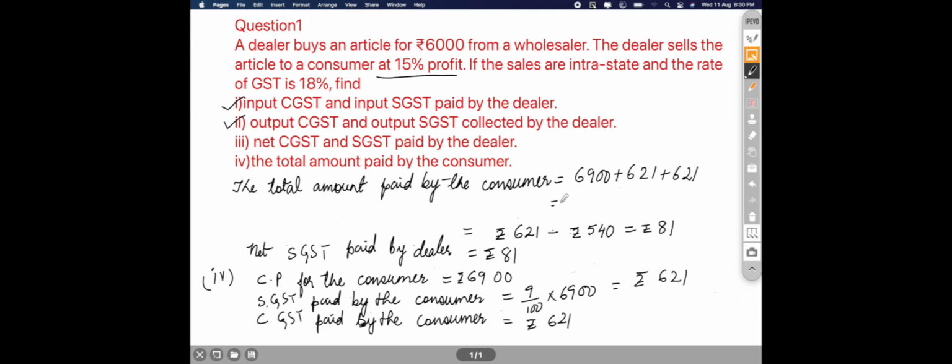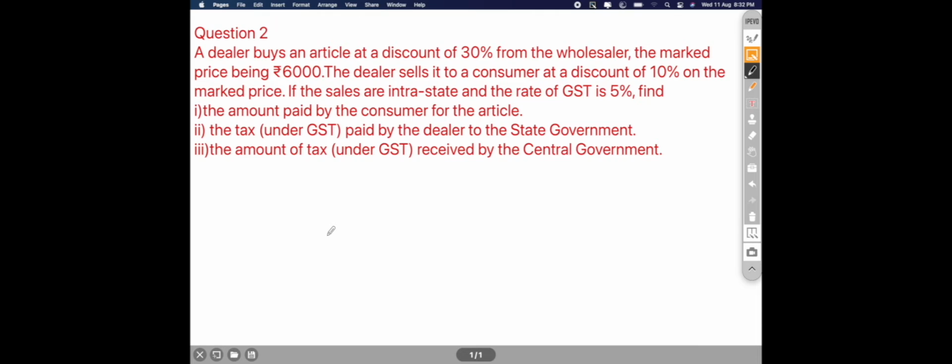So this will sum up to rupees 8,142. So this is the final answer for part 4. Now let us move on to question number 2.